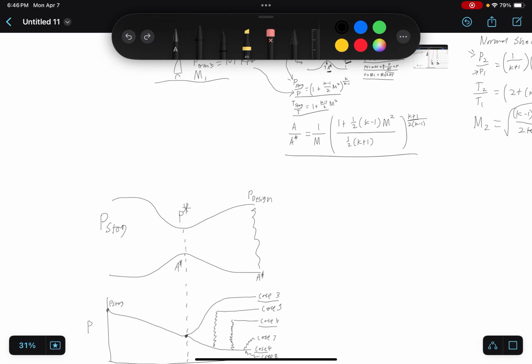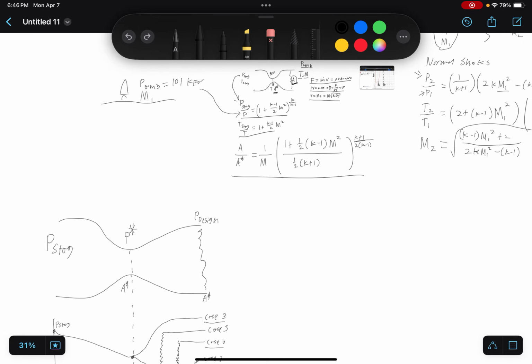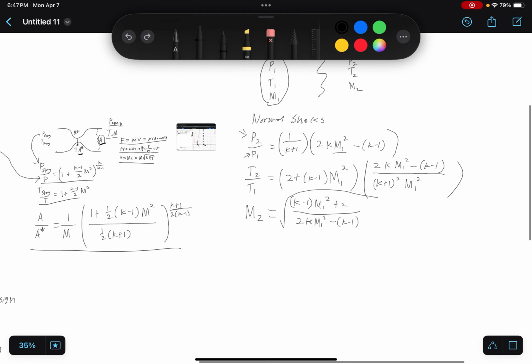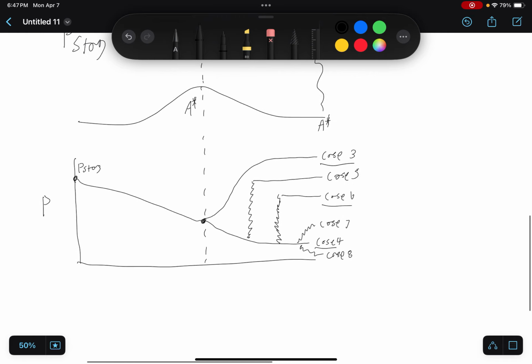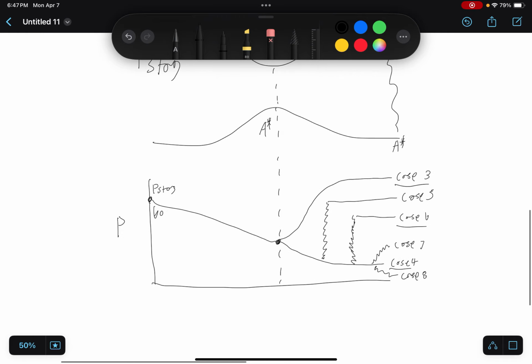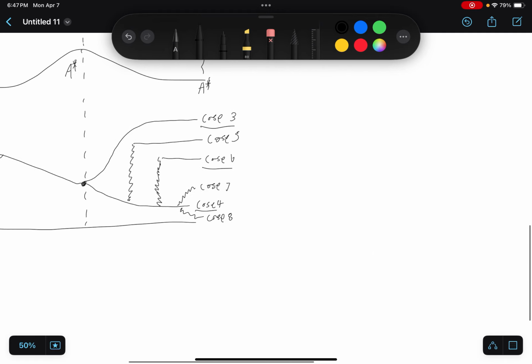Based on that, you plug that in as P1, and you plug in the Mach number that you have, and you get a P2. So you literally write the numbers. Like maybe you start at 600 kPa, and then case 4 is like 20 kPa, case 6 is like 50 kPa, and case 3.